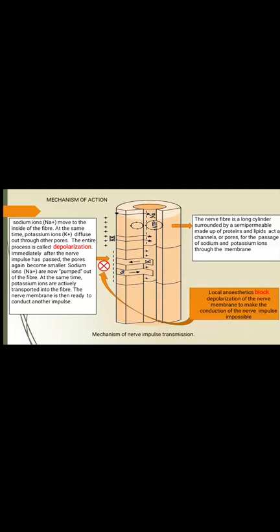In the generation of a nerve impulse, there is generation of an action potential, carried out through the process of polarization, depolarization, repolarization. These are the various steps of action potential generation. Among these, the depolarization phase is mostly blocked by the local anesthetics.